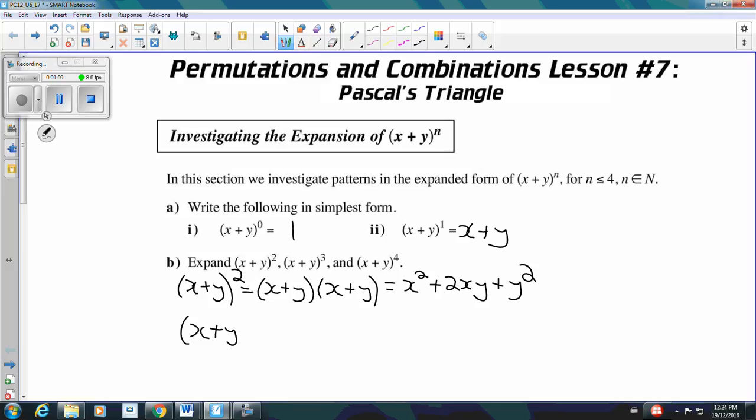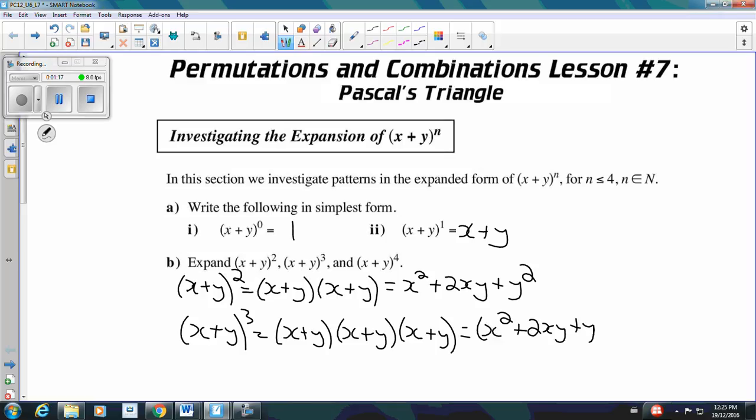Next we want to look at x plus y cubed. Well, this is really x plus y times x plus y times x plus y. Or we can think of it as x squared plus 2xy plus y squared, that was it squared, and then we need to multiply this by x plus y.